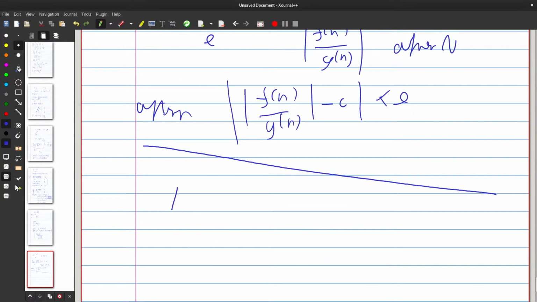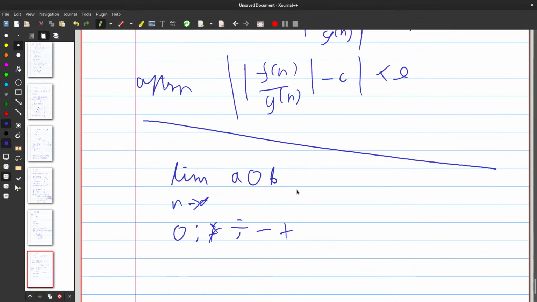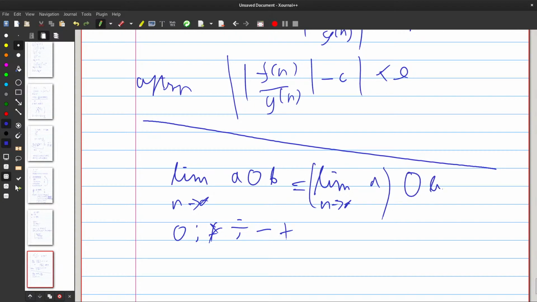The first one is that the limit as n goes to infinity of a times b, or any operation, I'll use a big circle, where the circle can be multiply, division, subtraction, addition, can be written as the limit of a, circle, the limit of b.